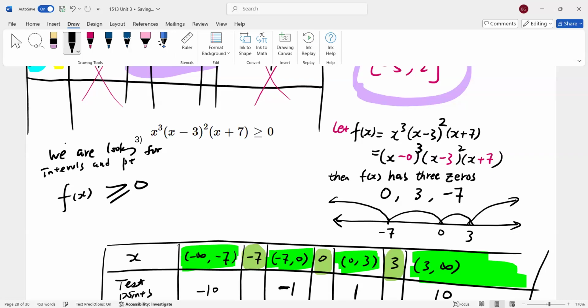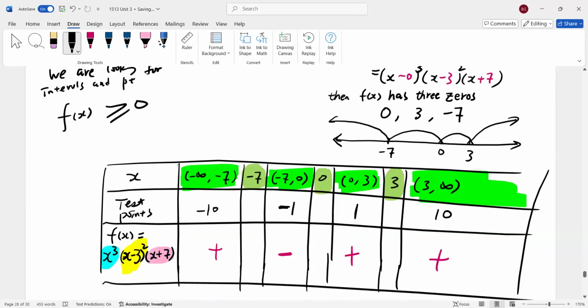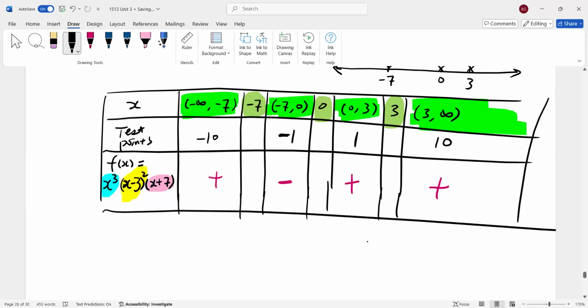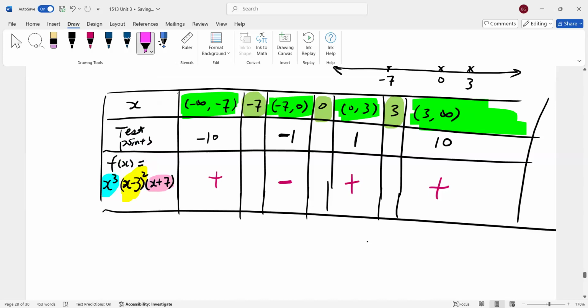Okay, let's highlight at what interval the function is bigger than or equal to 0. Positive or 0. Use a very strong pink. Positive, this one, this one, this one.